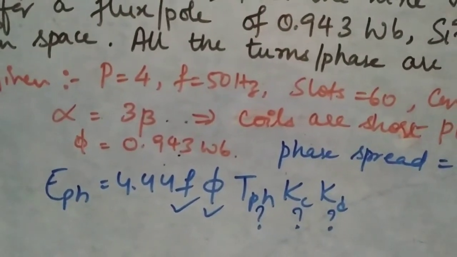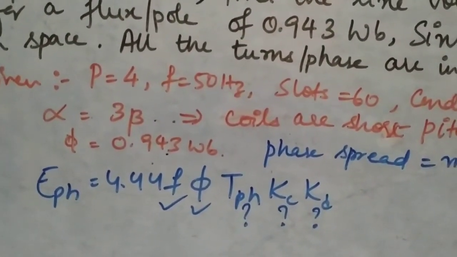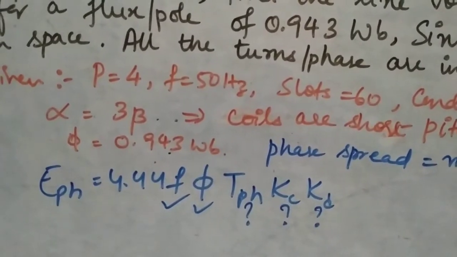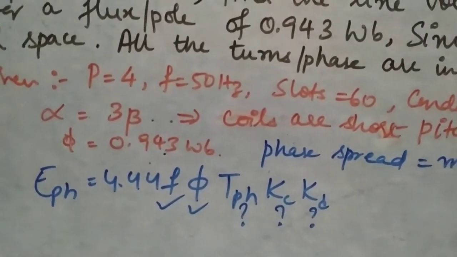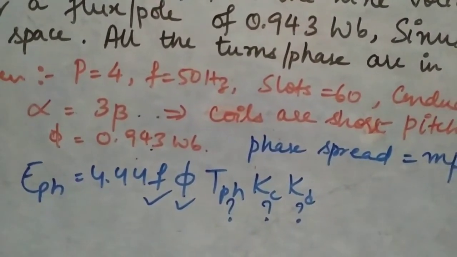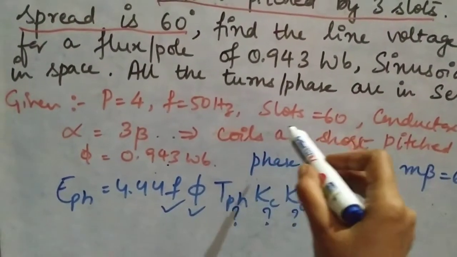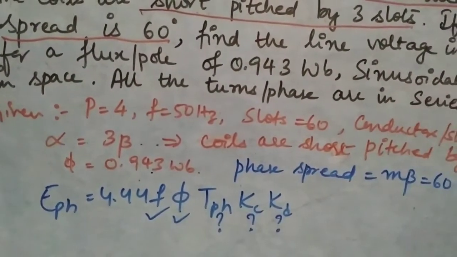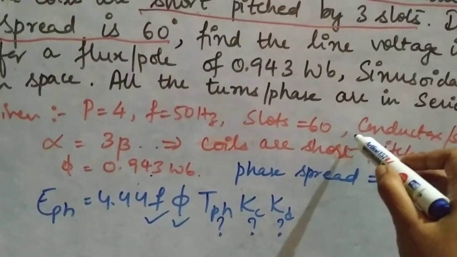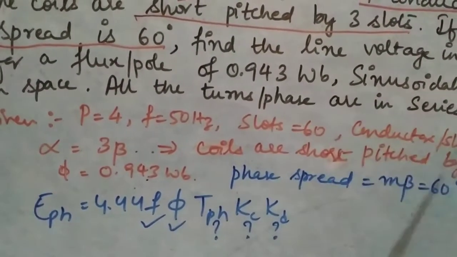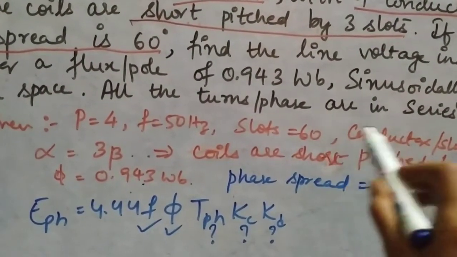Before we solve for the turns, we should know the number of conductors, because Z is equal to 2T. With the given hint, slots and conductors per slot are given. When you multiply these two parameters, the slots get cancelled and we get only the conductors.